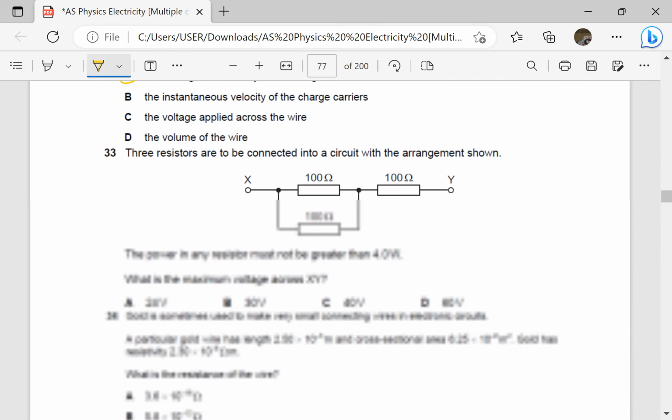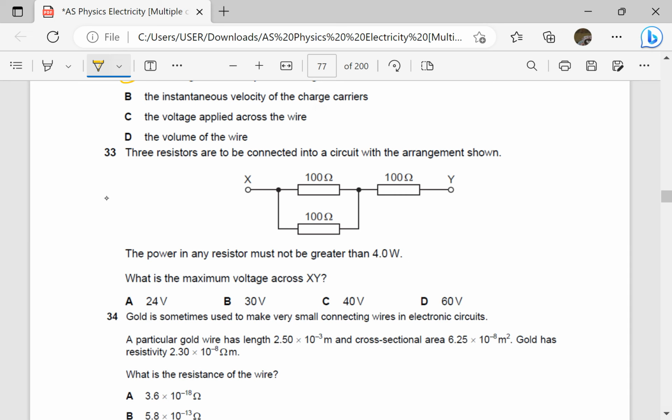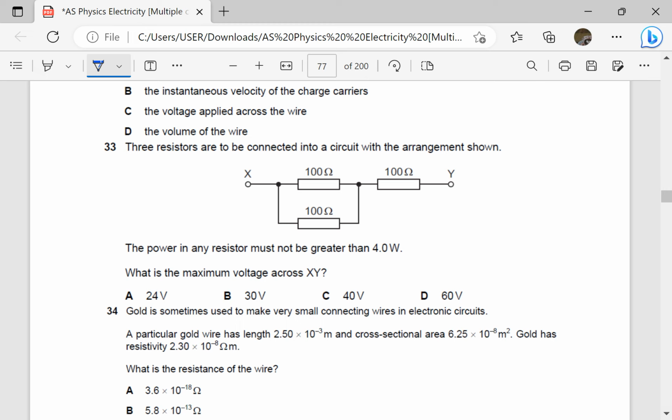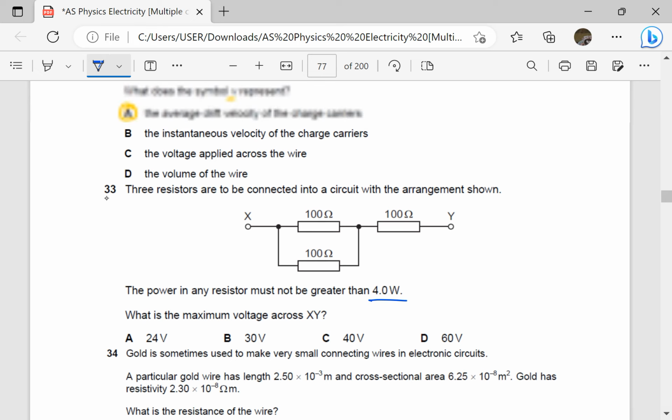Three resistors are to be connected into a circuit with the arrangement shown. The power in any resistor must not be greater than 4 watts. So if we have this resistor in series, we can find its power. Power must not go beyond 4 watts.